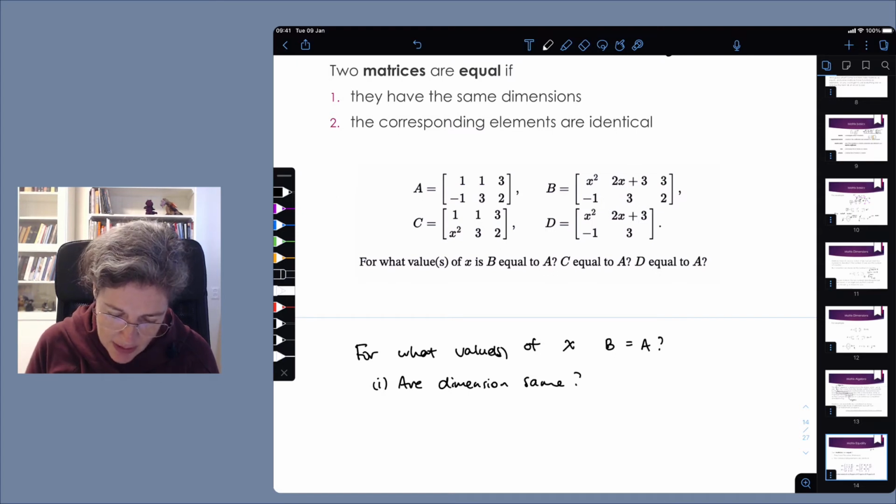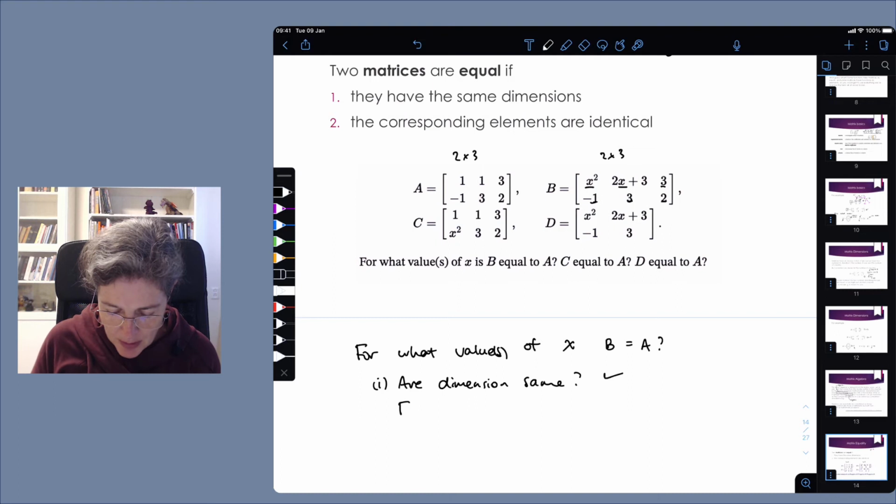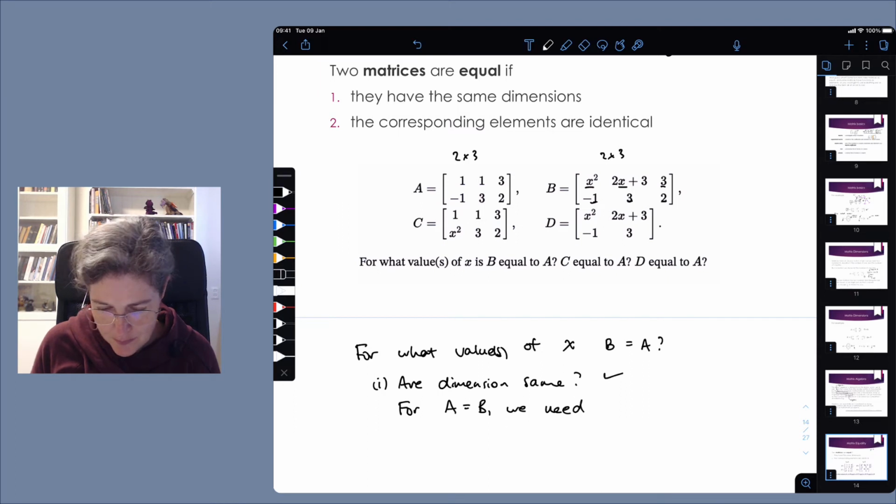So our a is a 2 by 3, so that's looking good. And yes, our b is also a 2 by 3, so that's fine. Okay, so now we have to make sure that corresponding elements are identical. So for a to equal b, we need that our 1 is equal to x squared.